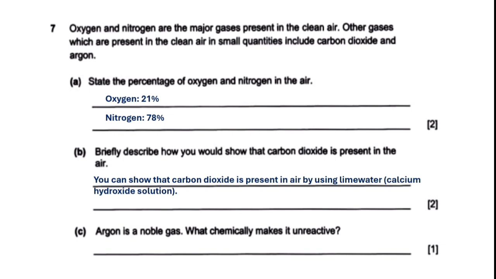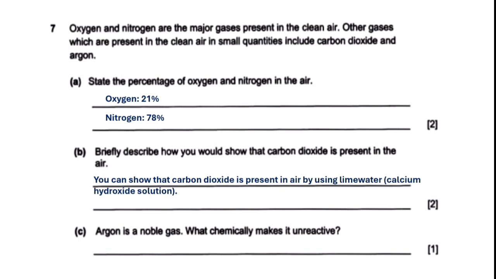You discover that when carbon dioxide is present, the calcium hydroxide will turn milky or cloudy. That means carbon dioxide is present. That milky color is what we call calcium carbonate.